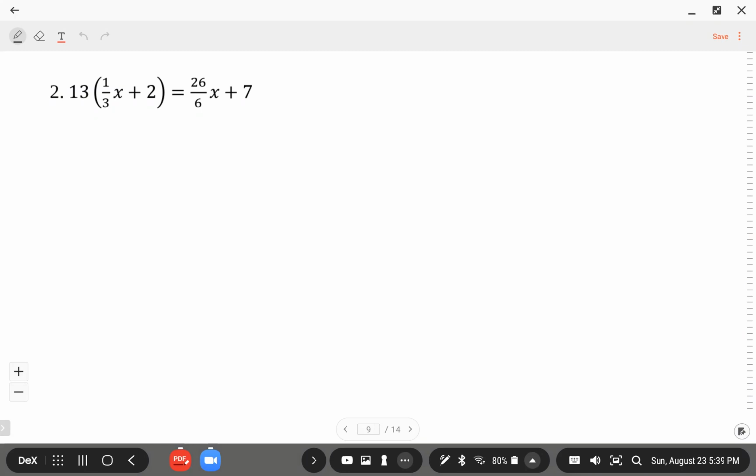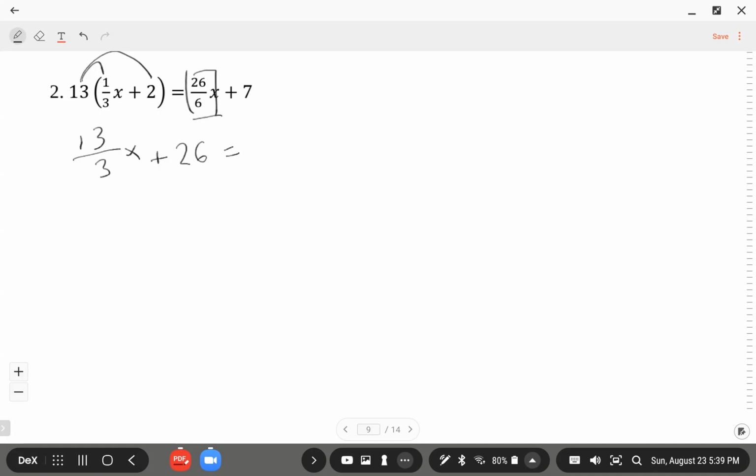So first, let's unwrap the parentheses. Okay, so multiply every term inside the parentheses by 13, right? So we get 13 divided by 3x plus 26 equals, we have a 26 over 6 right here, right?